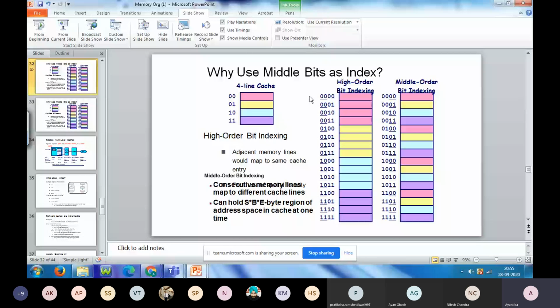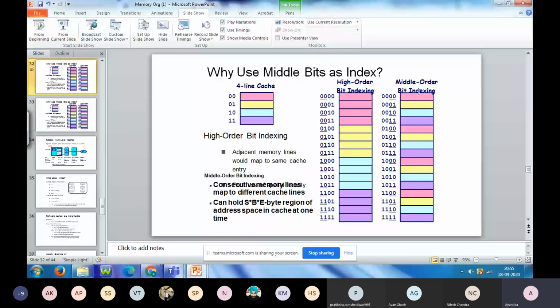For all 0s, in the high order bits, you can see the 4-line cache on the left. Here, for all 0 in the high order, everything is coming to your pink block in your 4-line cache.